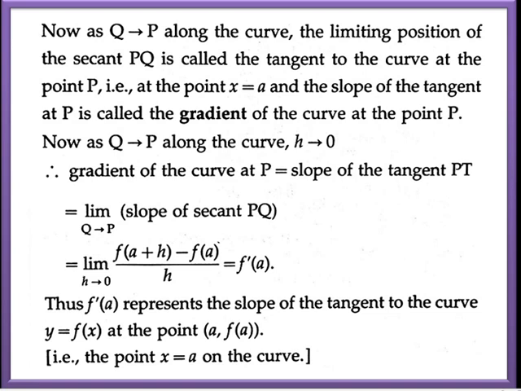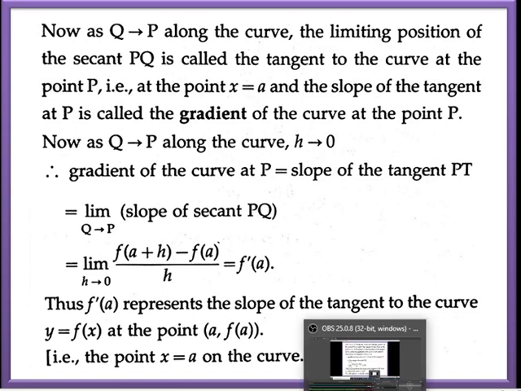Now as Q tends to P along the curve, the limiting position of the secant PQ is the tangent to the curve at the point P, that is at the point x equal to a, and the slope of the tangent at P is also called the gradient of the curve. This word is important, gradient of the curve, in this case at which point? At point P.